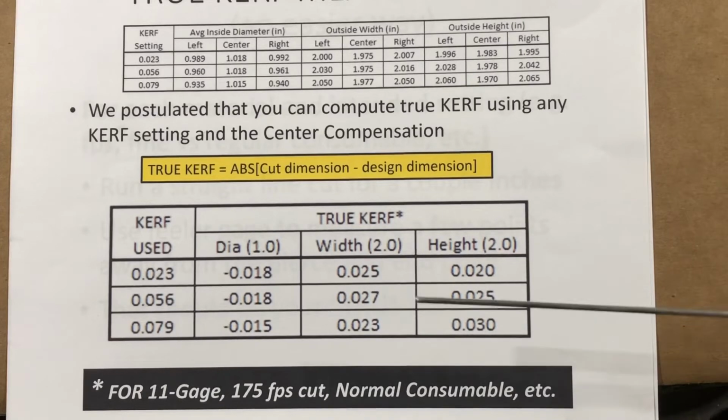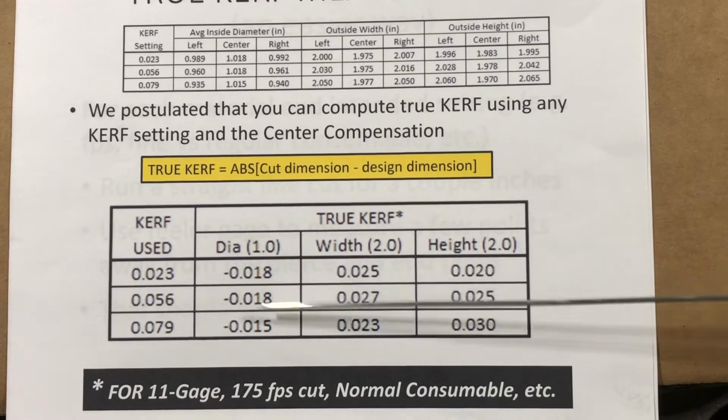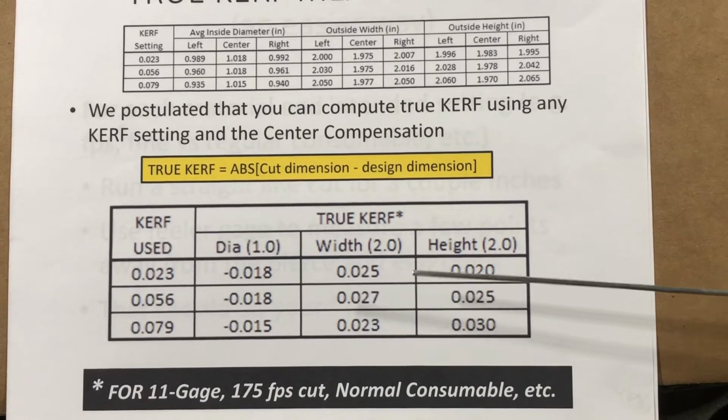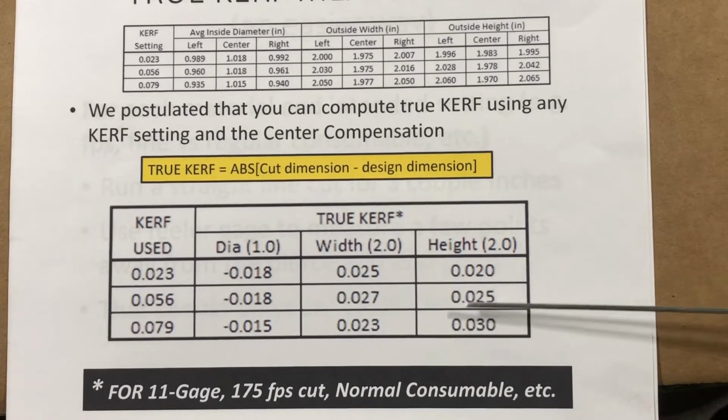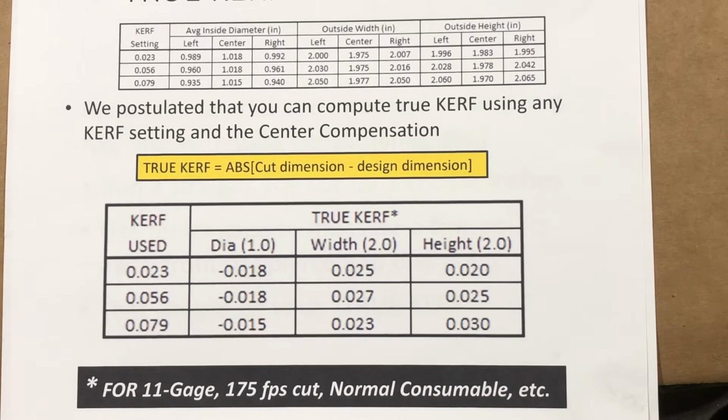Now, here's a little bit of a dilemma. For our inside cut, our true kerf using this method wound up being about 16, 17 thousandths of an inch, whereas our outside cut wound up that we should be using 25 thousandths of an inch. What do we do? Well, my guess would be that if you're cutting a hole that you've got to get a bolt through or something like that, then you would use the kerf that gave you the best dimension for an inside cut.